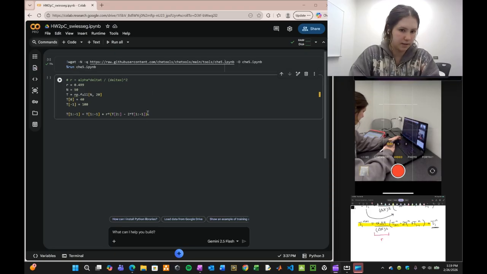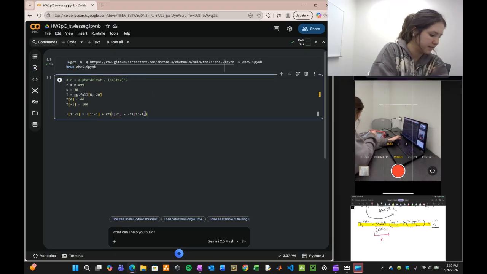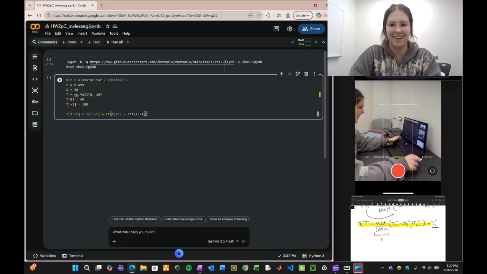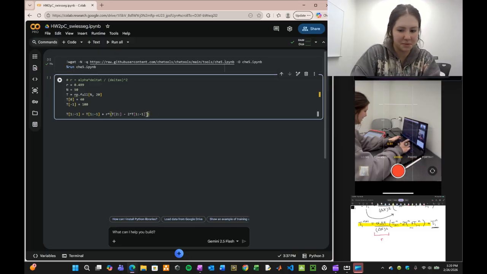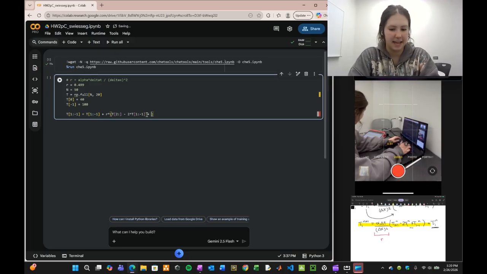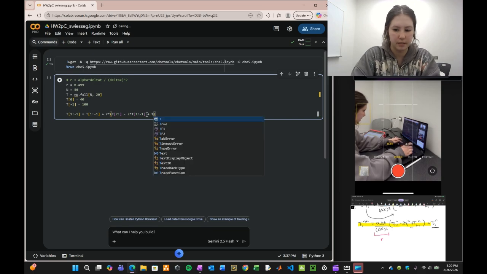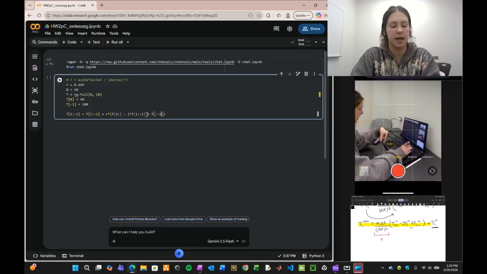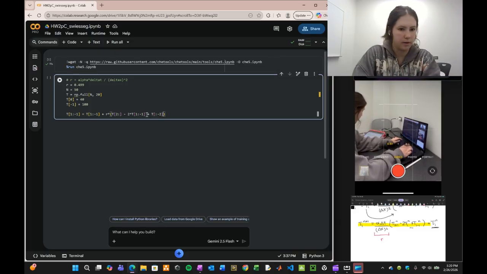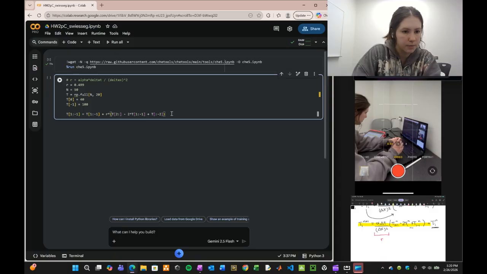Yeah, so this is supposed to be a plus, so good thing we got that now. So we will do plus, and then it will be T to the second to last term. Is that right? I think so.